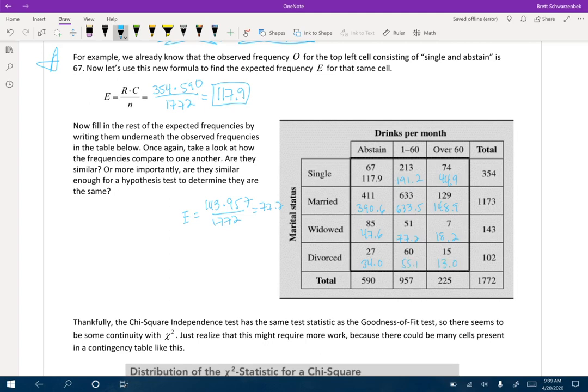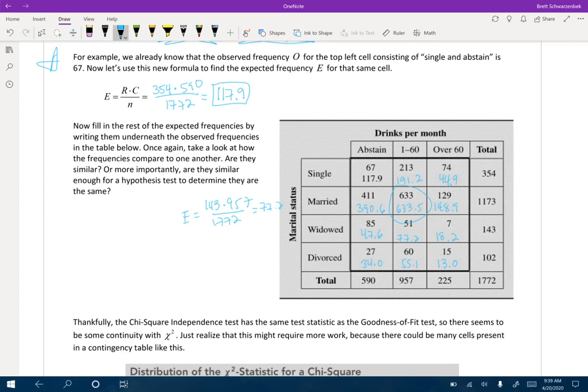Okay, so what is the hypothesis test about? Similarly to the GOF test, the goodness of fit test, I'm looking at all of the observed counts, which are the top numbers, versus the bottom numbers, and I'm saying, are they somewhat similar? So if you go to married and 1 to 60 drinks, it's almost identical, right?